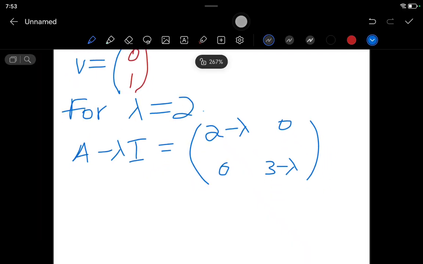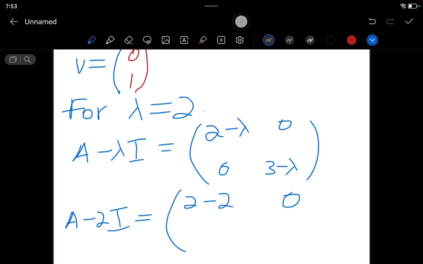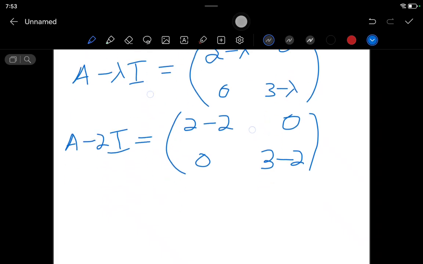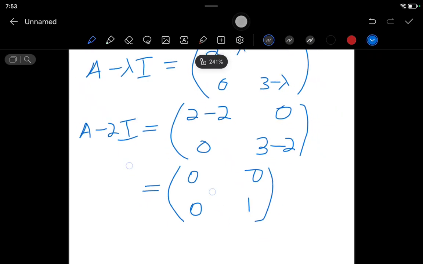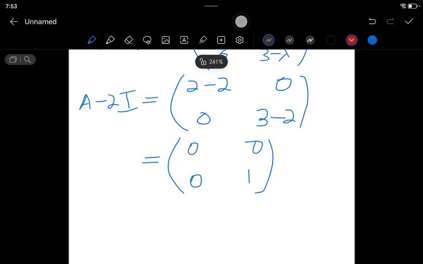Then we just come and plug our 2 there. And this gives us 0 0 0 1. Then our free variable in this case is x1, so we're going to let x1 be equal to t.